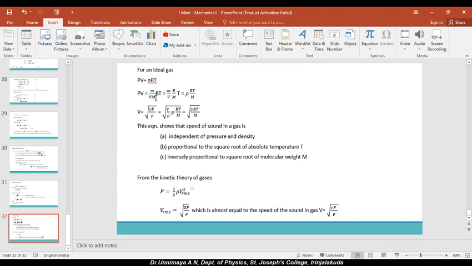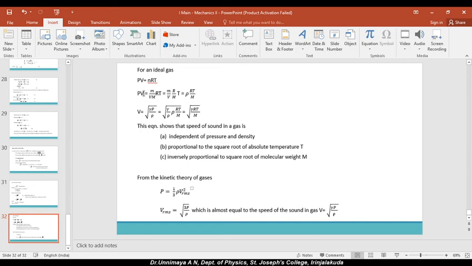So this equation becomes PV is equal to rho into RT by M. From that, what is the value of v? Velocity v is equal to root of gamma P by rho.